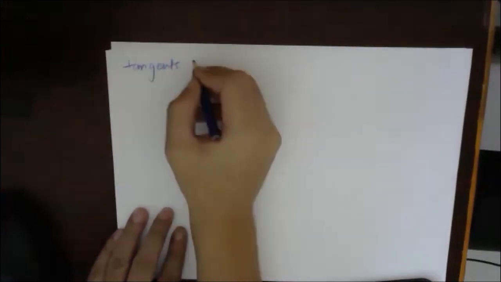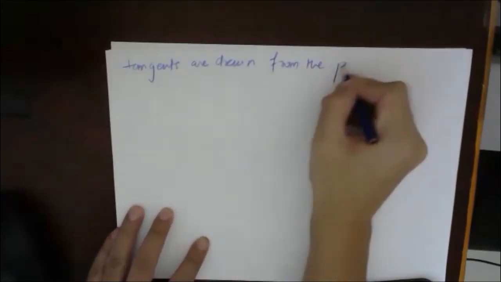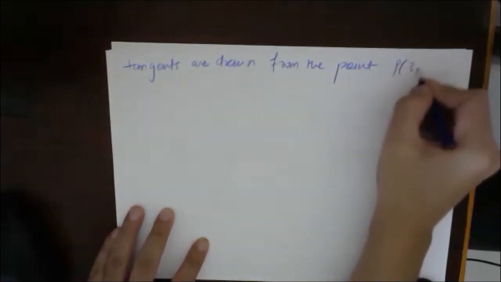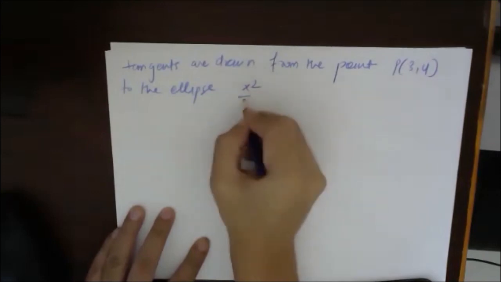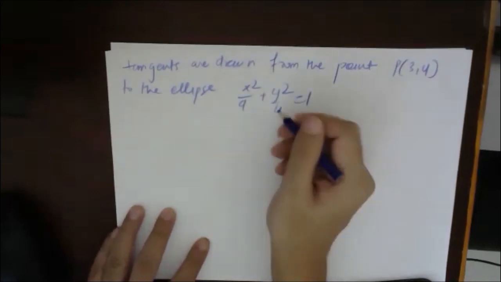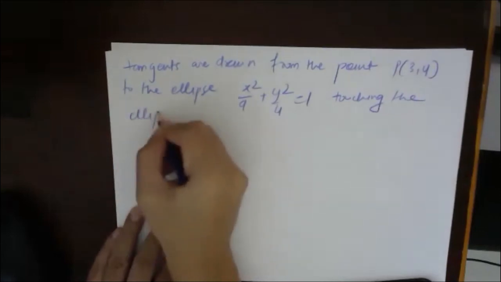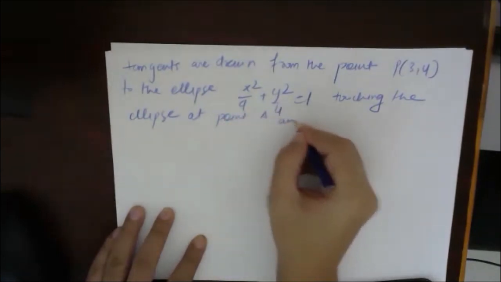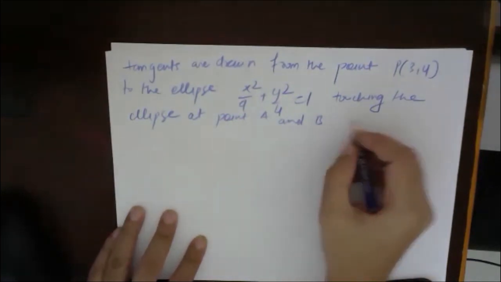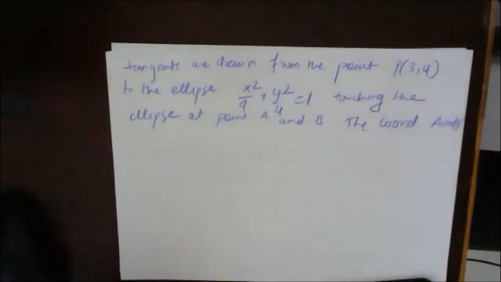Now let's write down one homework question. The question is: tangents are drawn from the point P(3, 4) to the ellipse x square by 9 plus y square by 4 equals 1, touching the ellipse at points A and B. You have to find the coordinates of A and B. This is the first.